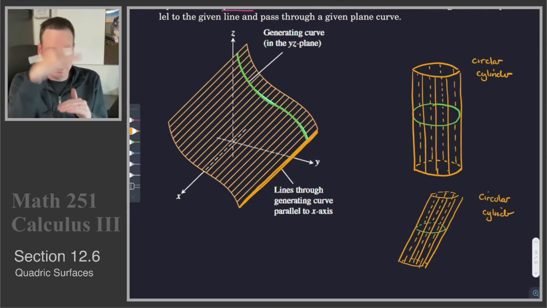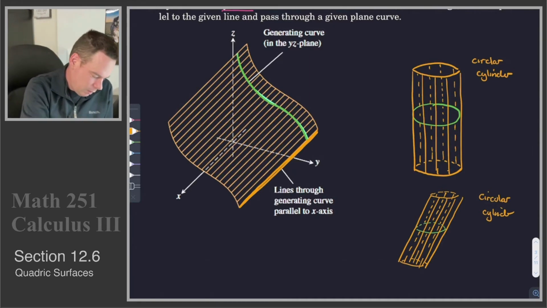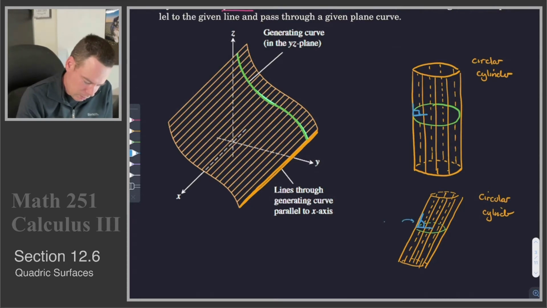As you move up, the cross sections are circles. The key difference, though, is that one of them has an angle that's not 90 degrees. So here's a 90-degree angle between our side and our plane that our circle lives in, and the other one doesn't have a 90-degree angle. So maybe I'll indicate this is not 90 degrees.